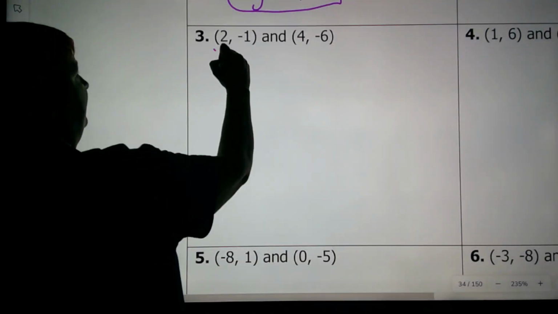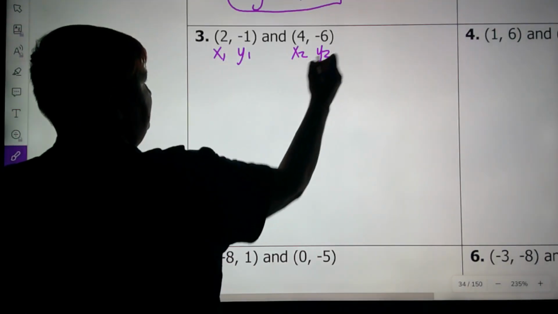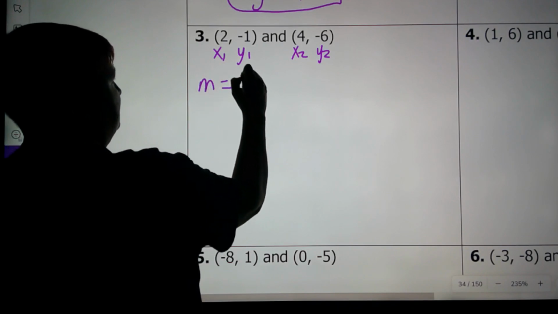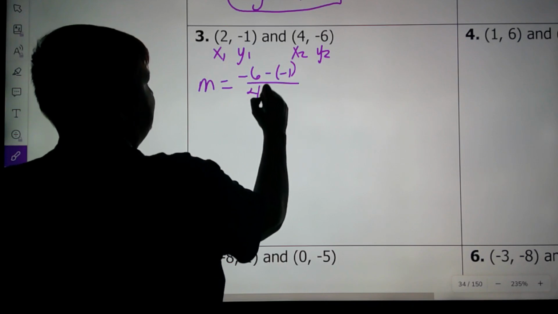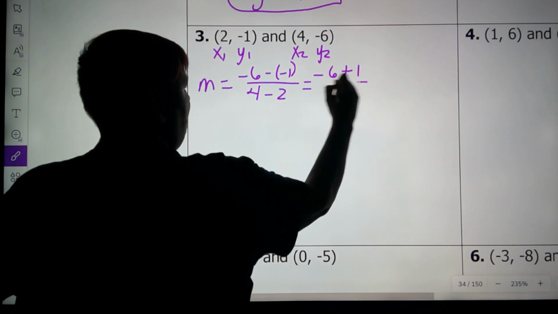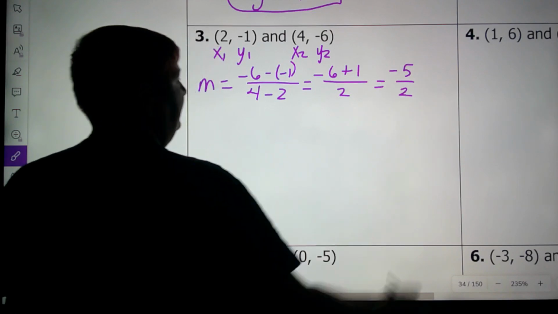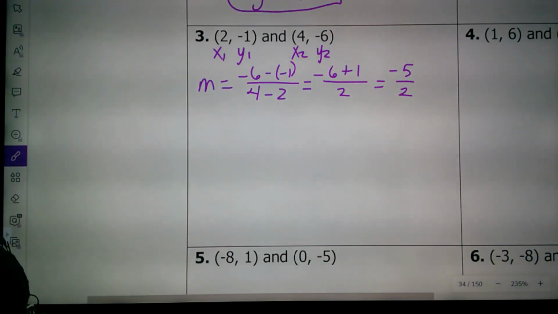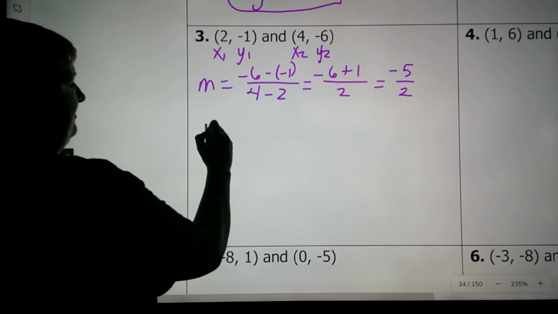All right, x1, y1, x2, y2, m equals y2 minus y1 over x2 minus x1, negative 6 plus 1 over 2 equals negative 5 over 2. That's our slope. Let's change to the second formula.